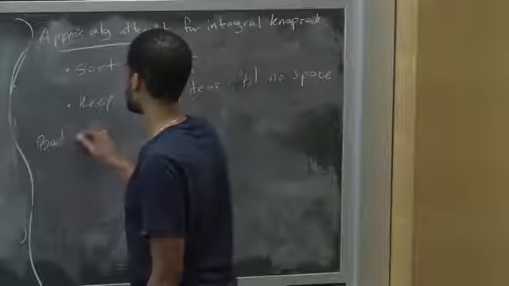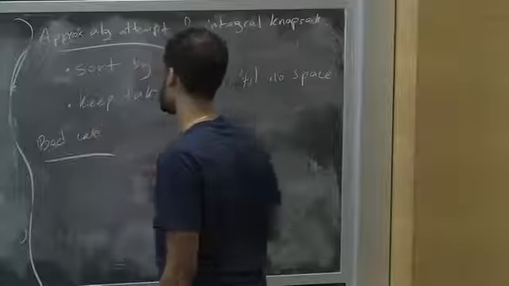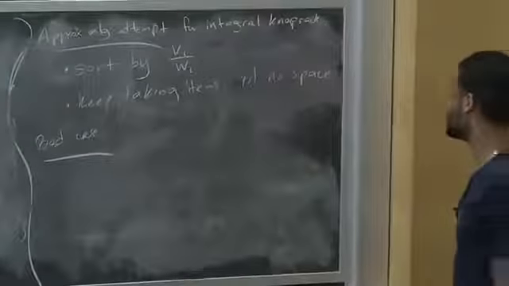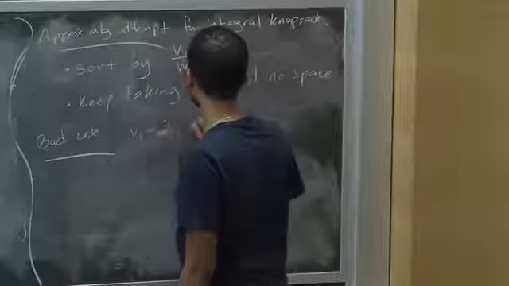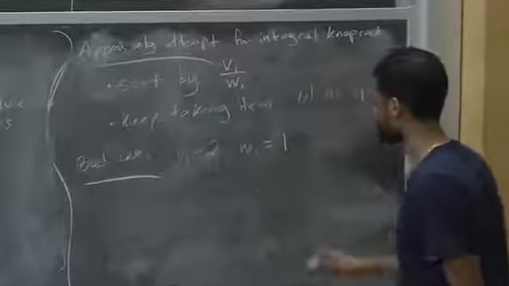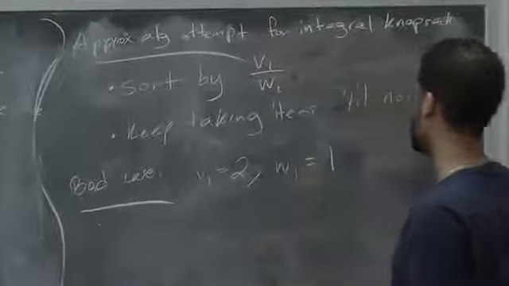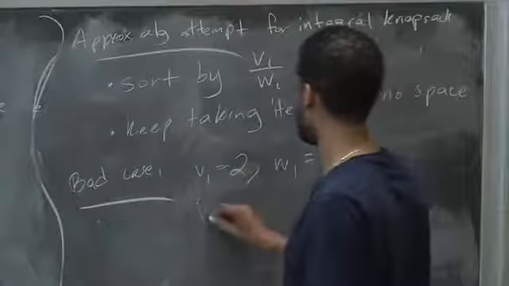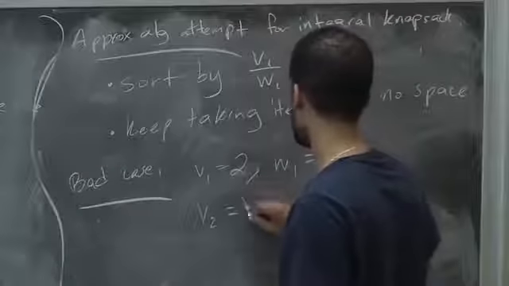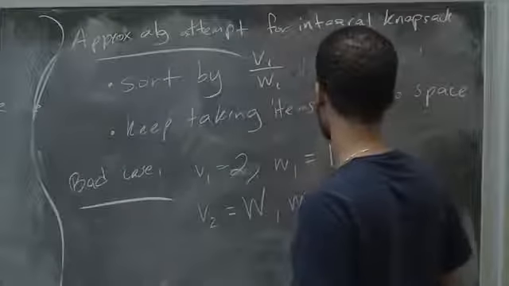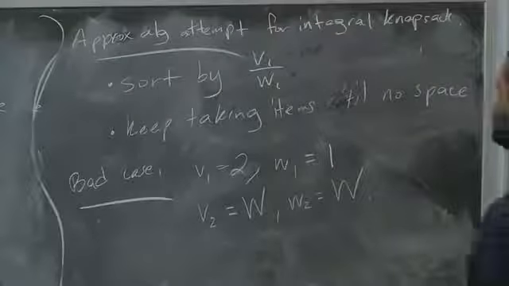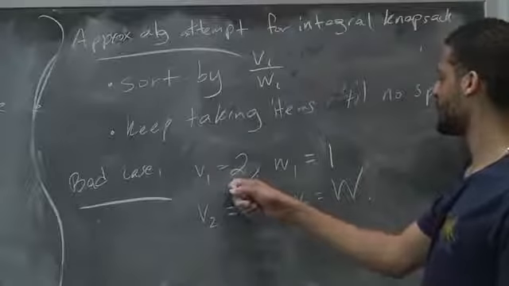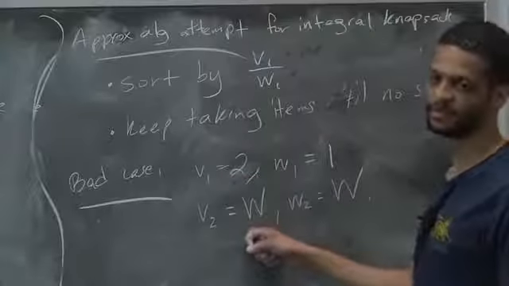So for example, a bad case: you could imagine v1 equals 2 and w1 equals 1, whereas v2 equals W and w2 equals W. Right? So greedy would take this item first because it has the better ratio, but then you can't fit this one.